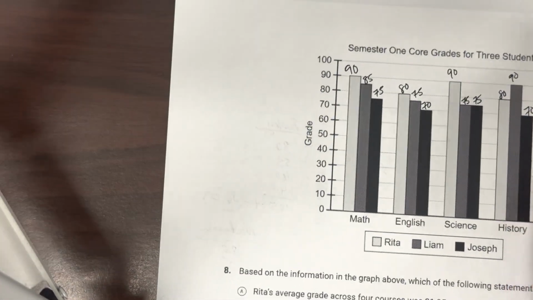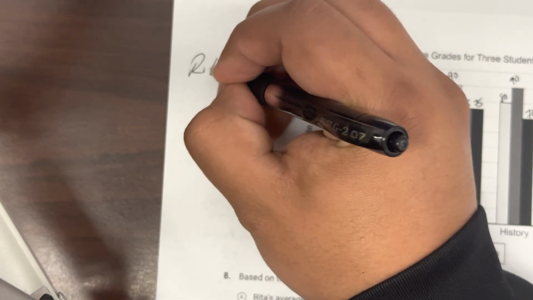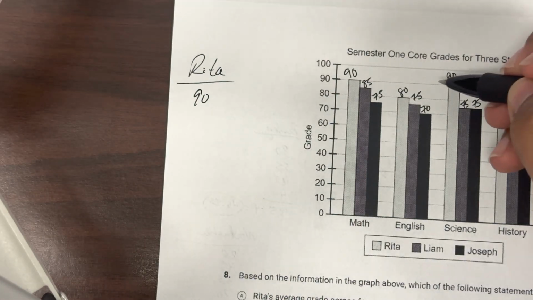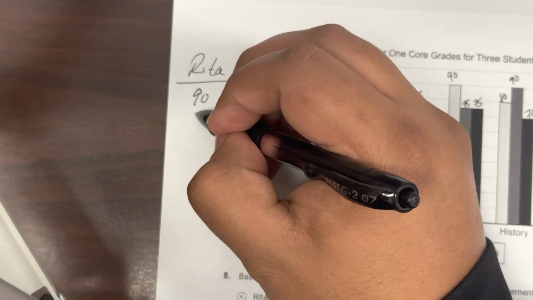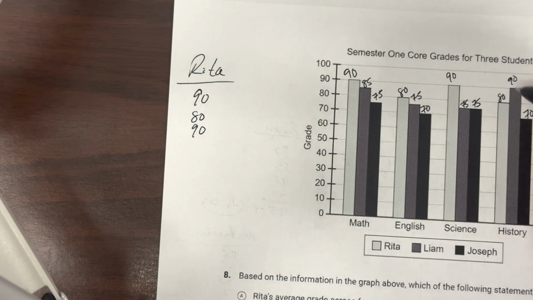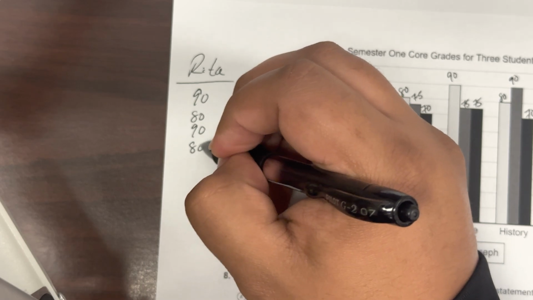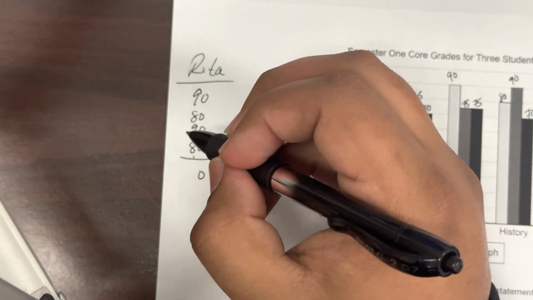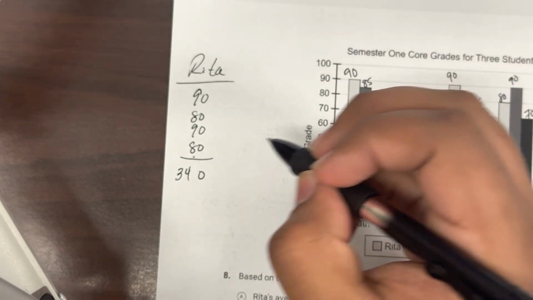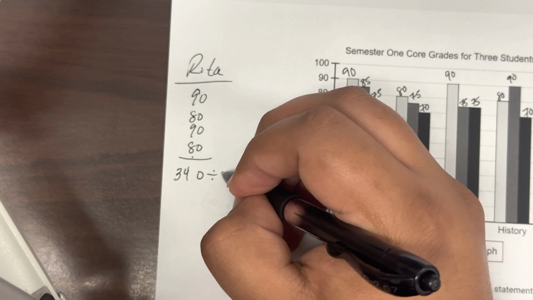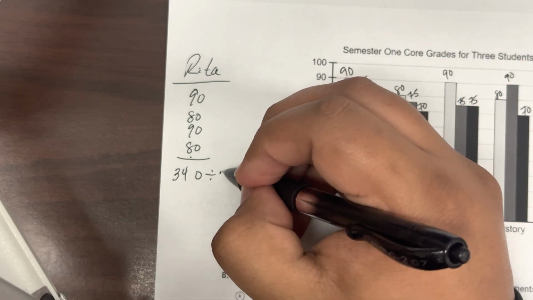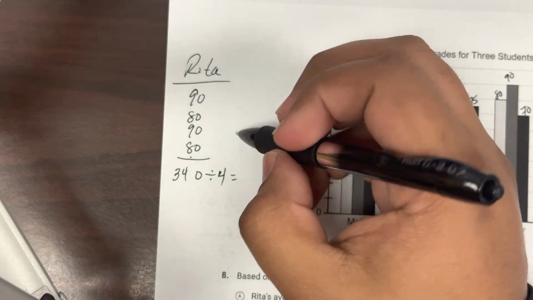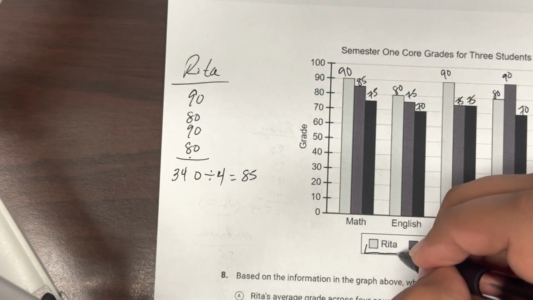Do it off to the side. Rita is 90, 80, 90, 80. Zeros. 18 and 16, that's 34. Divided by 4 grades. 340 divided by 4, that gives me 85. I'll leave it right here, 85.